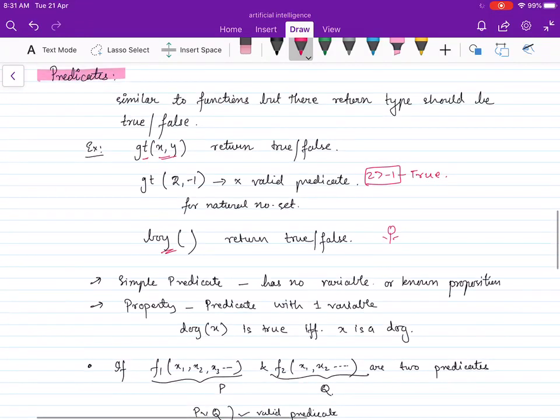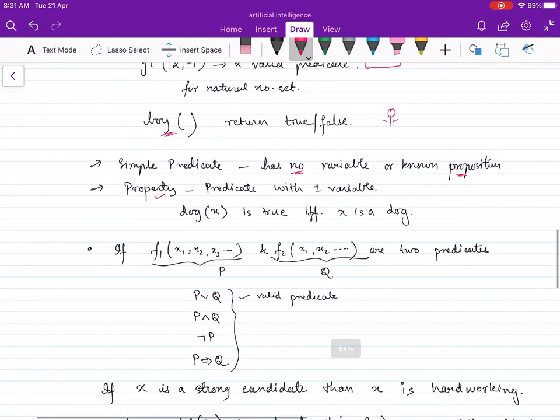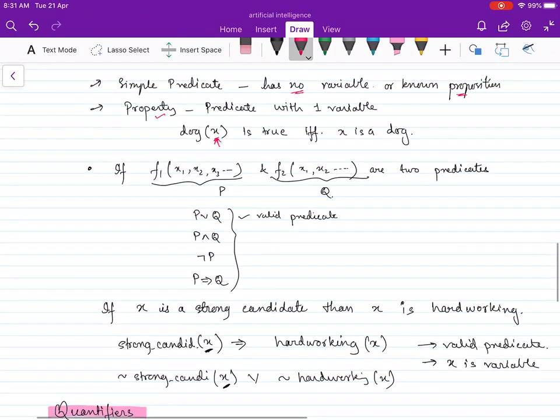Some types of predicates: a simple predicate has no variable and is also known as a proposition. Next is a property predicate with one variable. For example, dog(x) means, is x a dog or not? It is true if and only if x is a dog. Similarly, let p be a function of some variables x1, x2, x3 and so on, and q also a function of some variables.